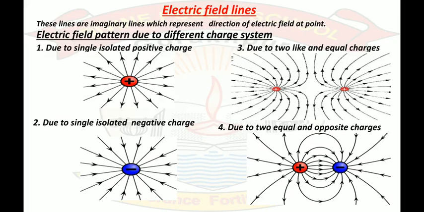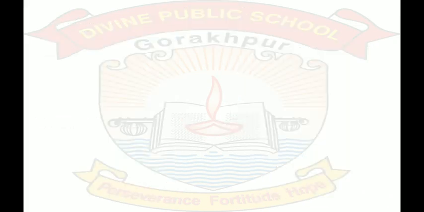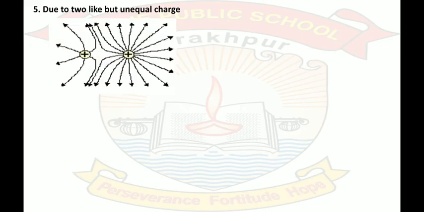Now we are going to do some extra ones, and those are electric field lines due to like but unequal charges. Two unequal charges are there, but they are of the same type, meaning they are positive, but of unequal magnitude. Configuration will be like this.